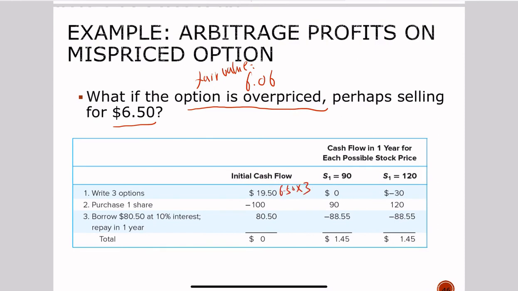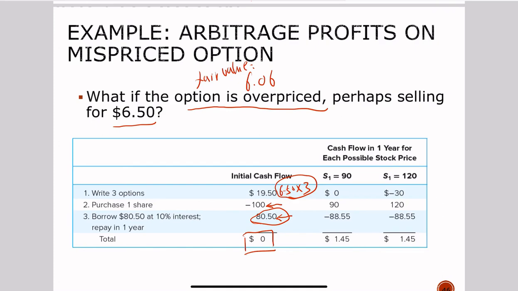And you will want to purchase one stock at $100. So let's say you don't have enough money, so you would actually borrow the $80.50. You will use this money to buy one share, and your initial cash flow is just 0, right? And what will happen is, in the future, no matter what happens, you will get this riskless profit. You can check this yourself.